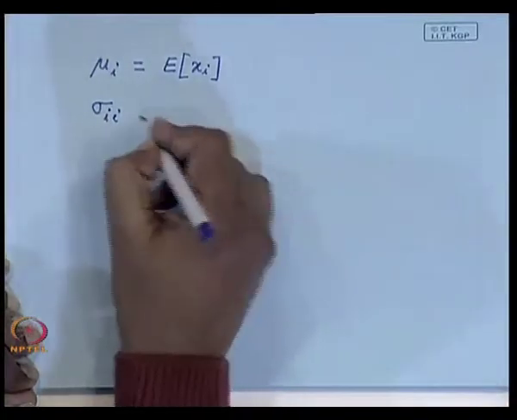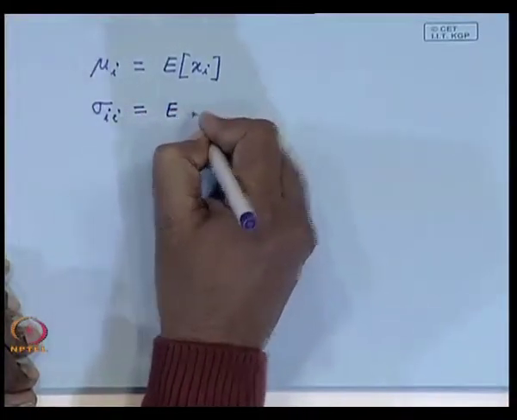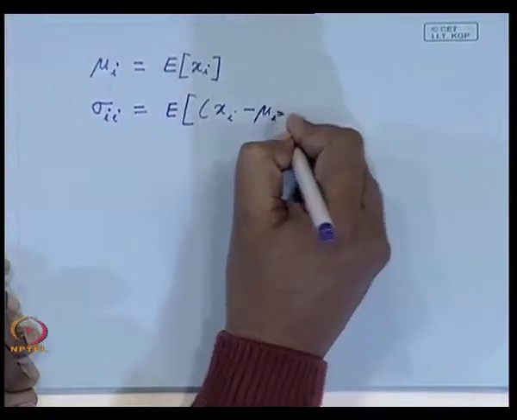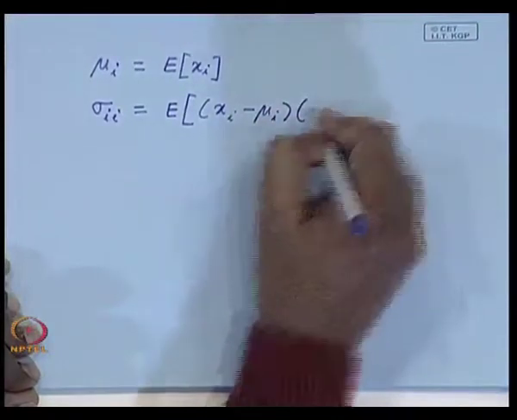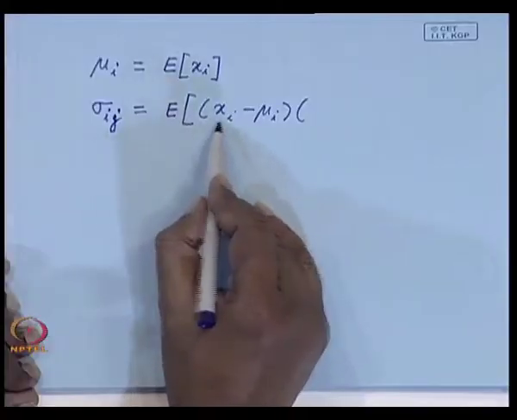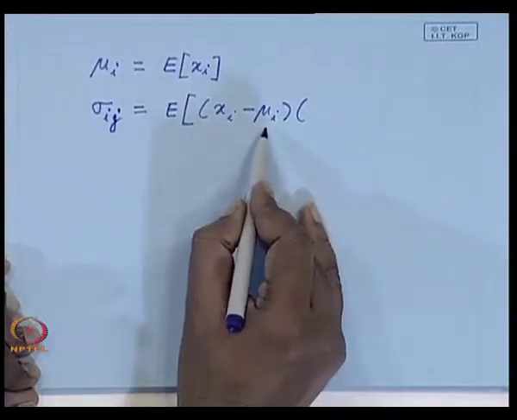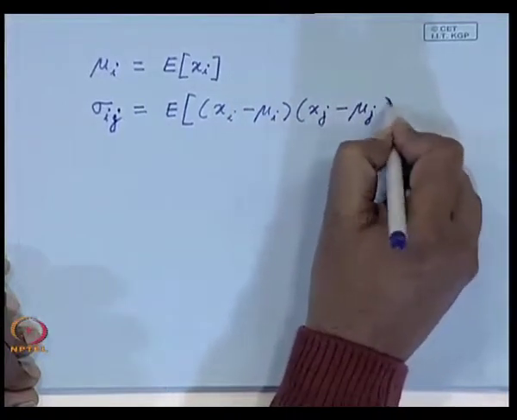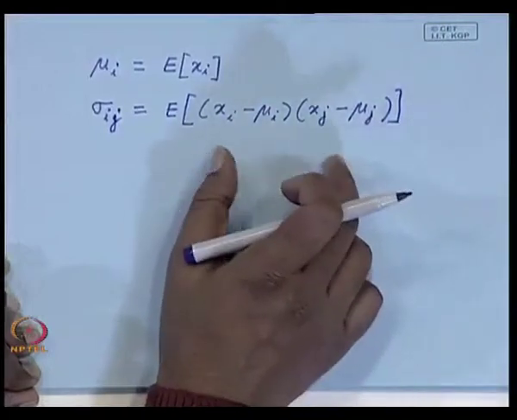Let us make it more general: the ijth component sigma_ij in my covariance matrix will simply become the expected value of (x_i minus mu_i) into (x_j minus mu_j). So, when I take these two different components x_i and x_j, it gives you the covariance between the ith component and the jth component.